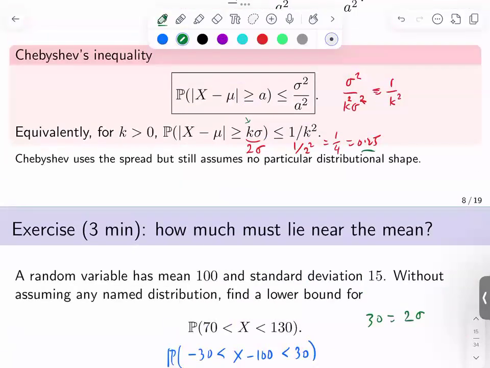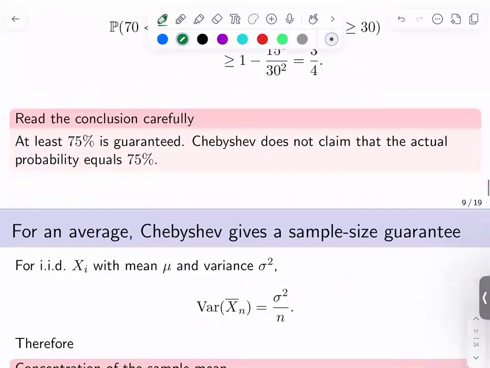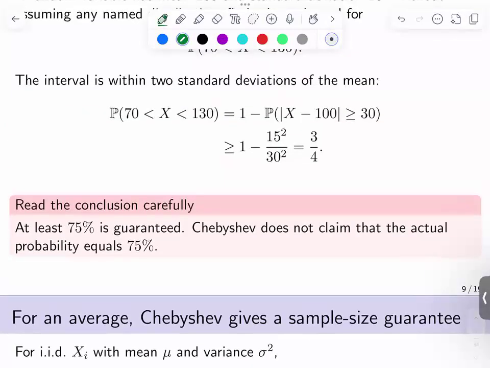This is an example where you're within 2 sigma of the mean. For a normal, this would be about 95%. But this is saying for any distribution, it doesn't matter. You don't need to assume anything, as long as the variance and the mean exist. Any more questions about this?